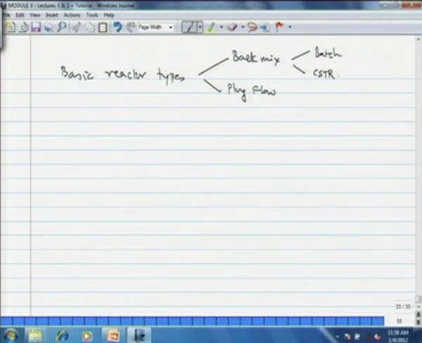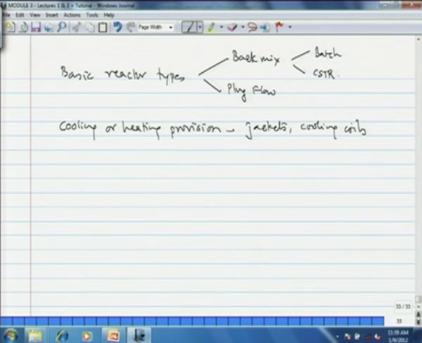Depending on the type of reaction, we have to provide the cooling or heating. We can provide cooling or heating either in the form of a jacket or in the form of cooling coils that are either inside or outside the reactor, surrounding the reactor.